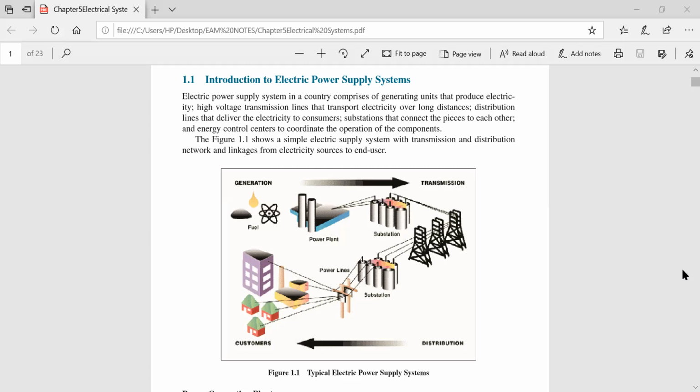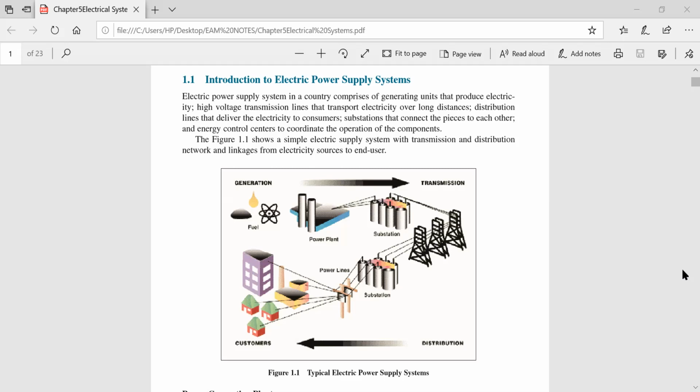It raises the 11 or 33 kV to, say, 132 kV. That voltage which we are stepping up, we send to the transmission lines. So bulk power we are sending to the transmission lines.